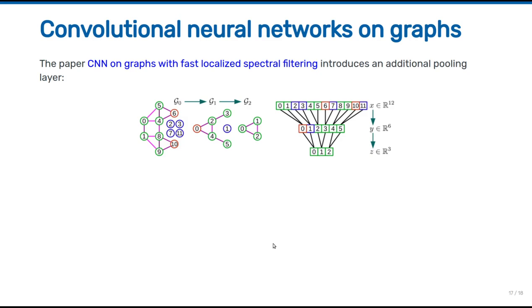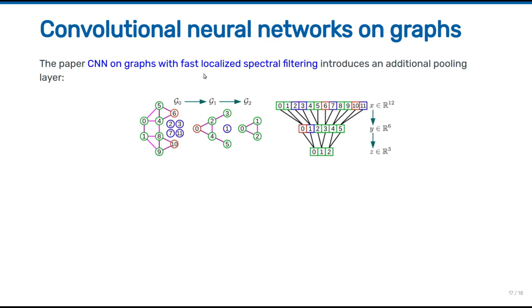There is one last thing which has been introduced in this seminal paper on convolutional neural networks for graphs, which is the notion of pooling. As you know, pooling is very important when dealing with images, and the authors introduced a similar pooling for graphs.